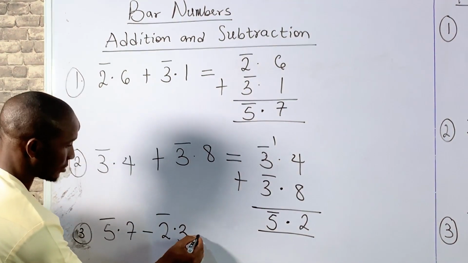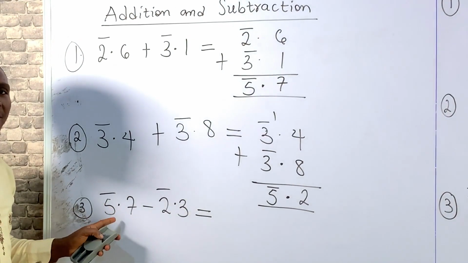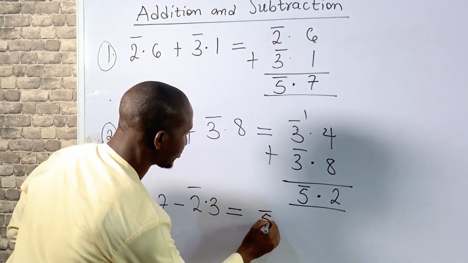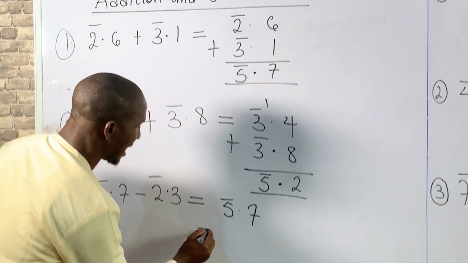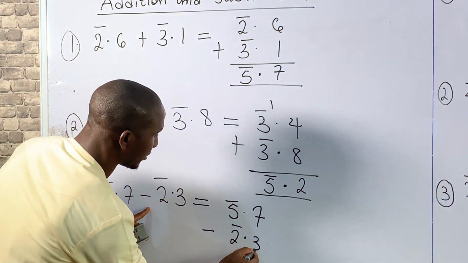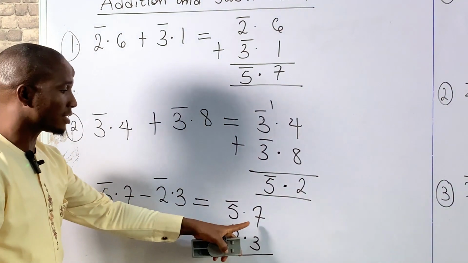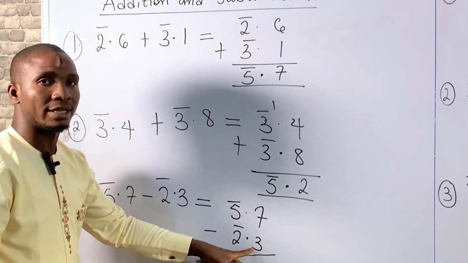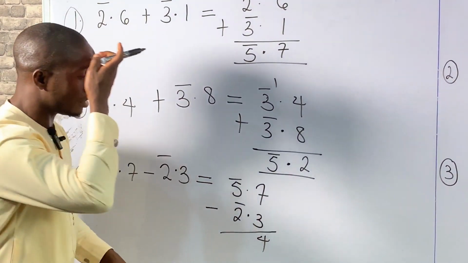The third question, bar 5.7 minus, this is minus this time around, bar 2.3. So we subtract. 7 minus 3 will give us 4.